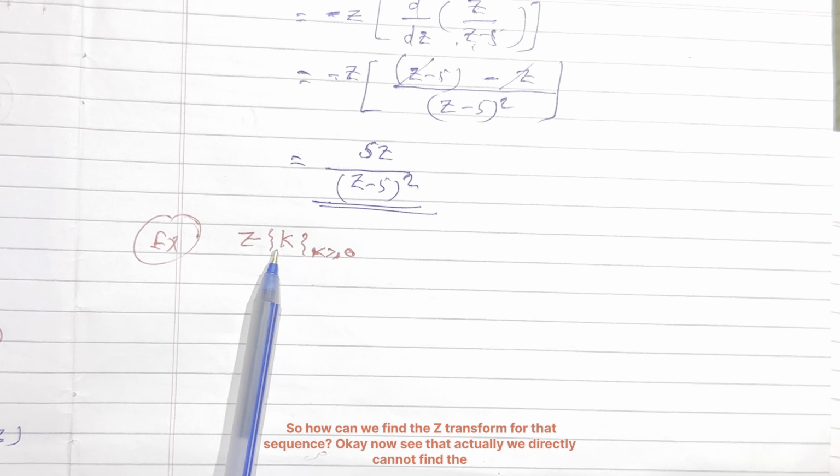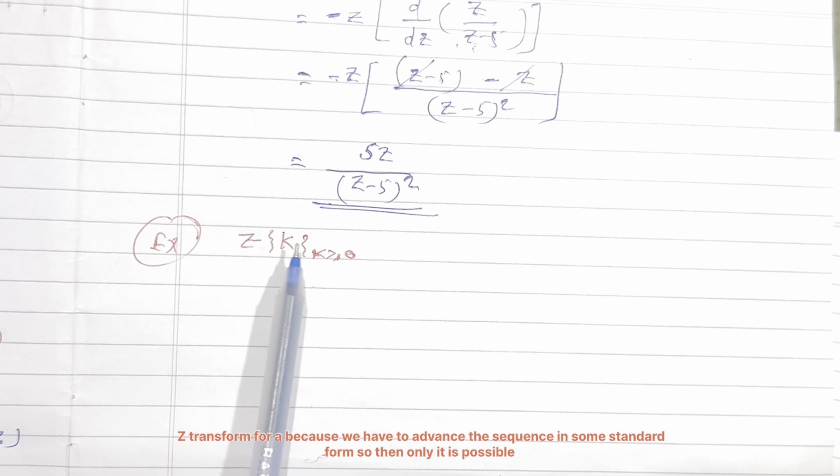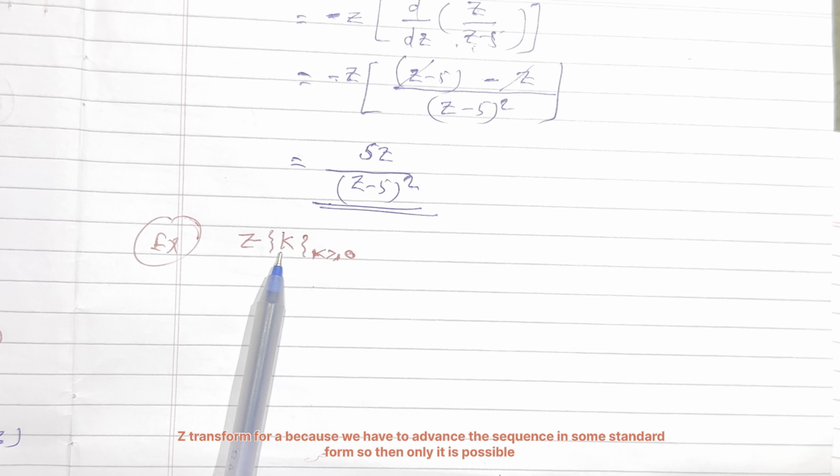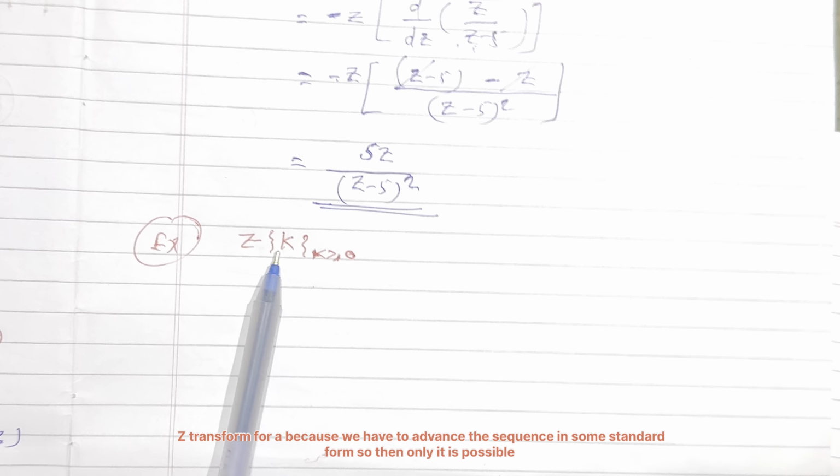We cannot directly find the Z transform for K, because we have to convert this sequence into some standard form; only then is it possible.